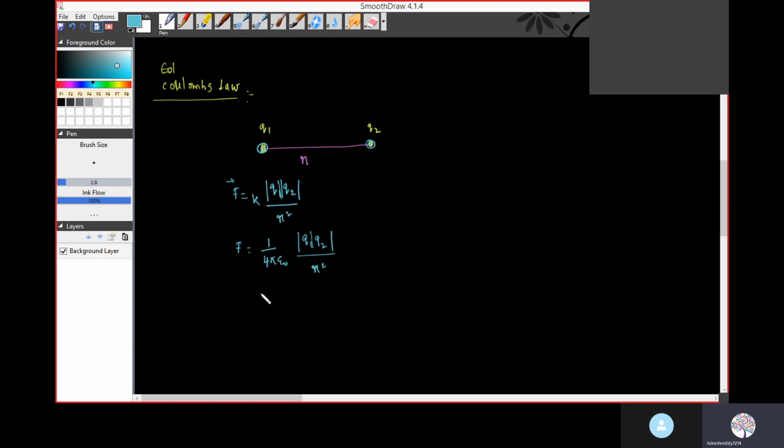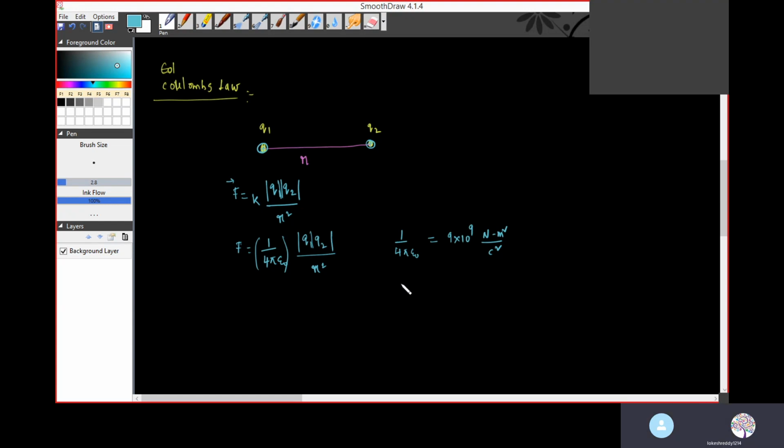This 1 by 4 pi epsilon naught value is 9 into 10 power 9 Newton meter square by Coulomb square. That is the value of 1 by 4 pi epsilon naught.